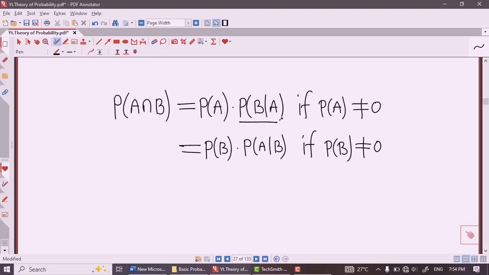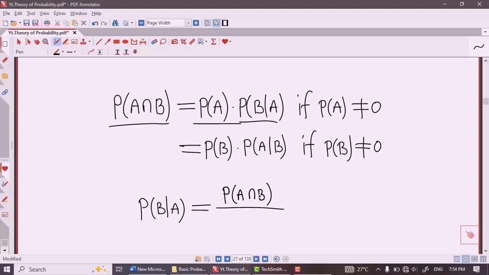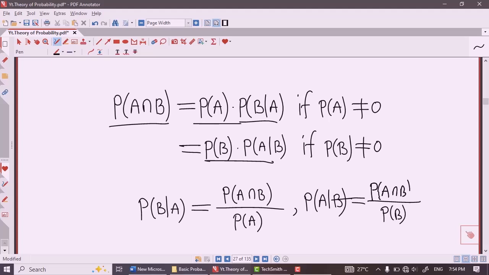And from this we can write the definition of conditional probability also. If we use this first equation, then conditional probability of B given A is probability of A and B divided by probability of A. And if we use this, then conditional probability of A given B is given by probability of A intersection B divided by probability of B.